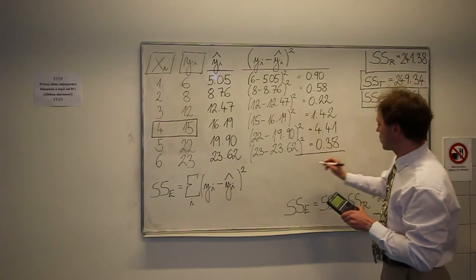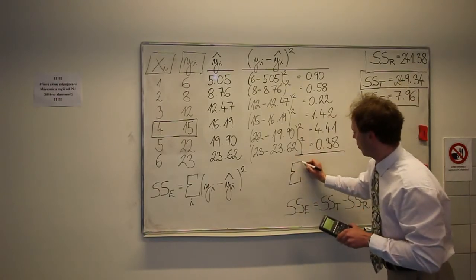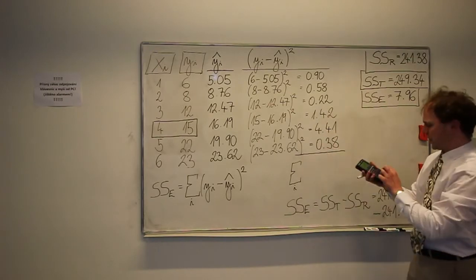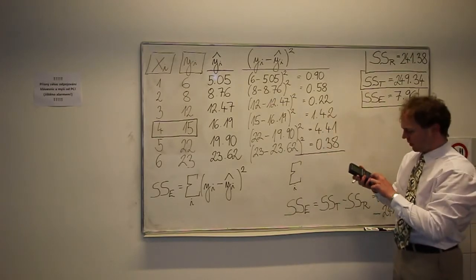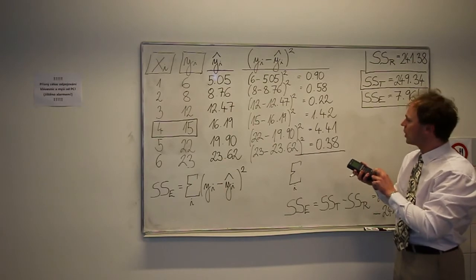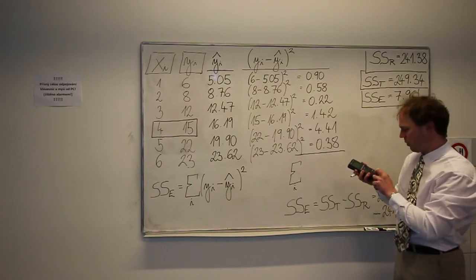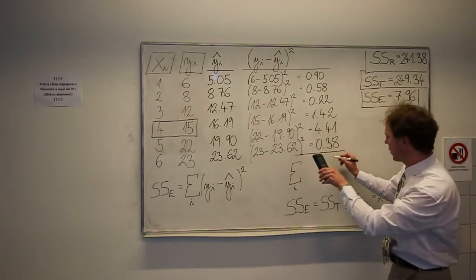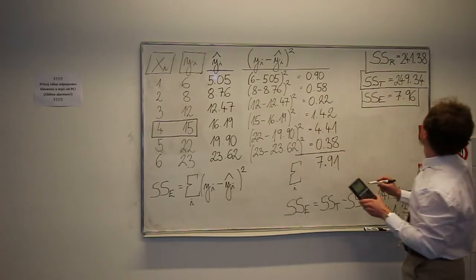Okay, it's possible to calculate here the summation, the sum through all E, yes, 0.90 plus 0.58 plus 0.22 plus 1.42 plus 4.41 plus 0.38. 7.91, yes?